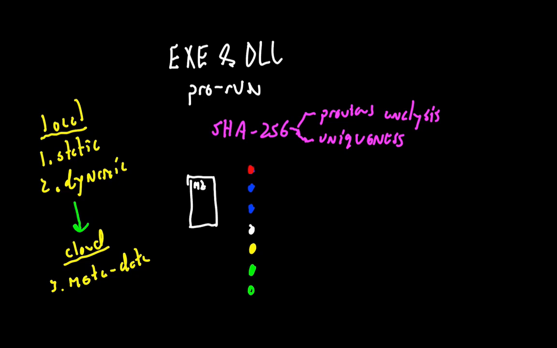And one way of having resilient signatures is to compare this vector to a library of vectors derived from similar kinds of binaries or from just other executables and DLLs. And that library can consist of known good and known bad.